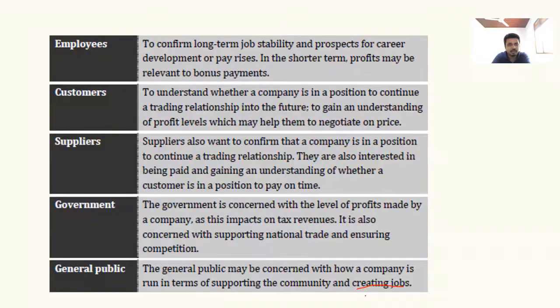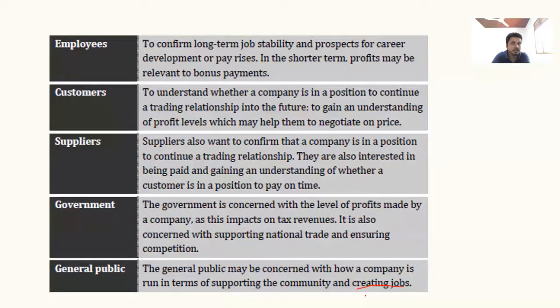If you are unemployed at the moment and a company runs with net losses, do we like to apply to that company? No. So before applying for jobs, you need to look into that information as well, whether they are earning profits, whether they are doing well, how their operations are.